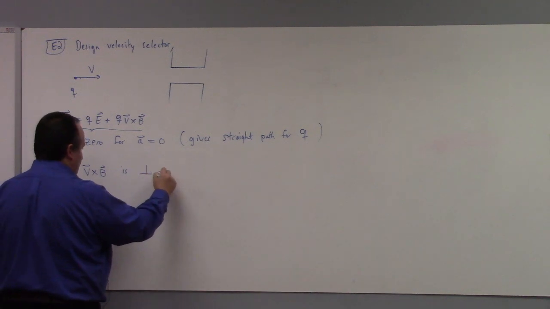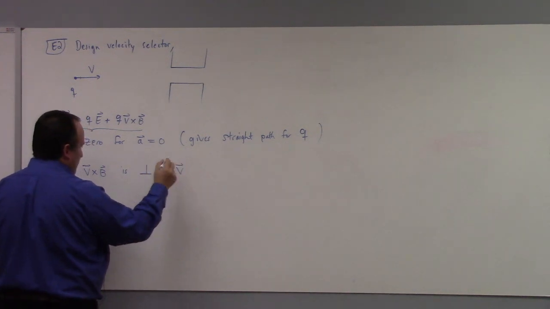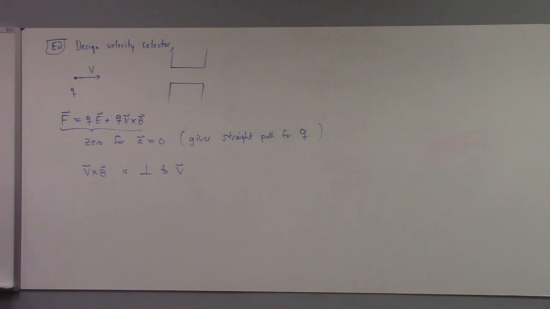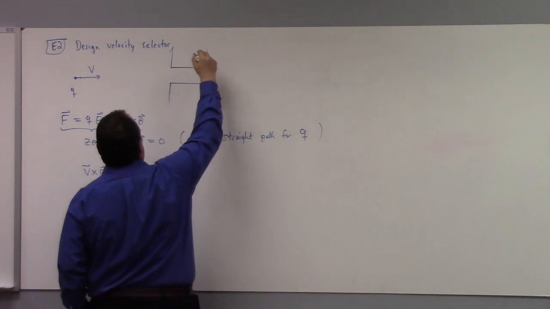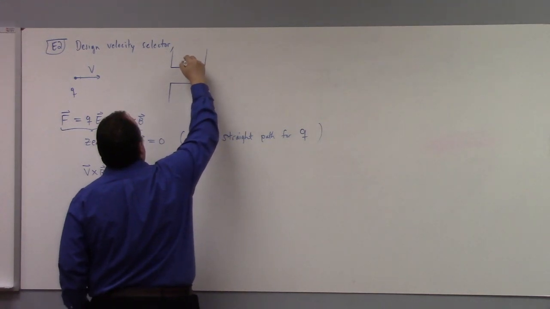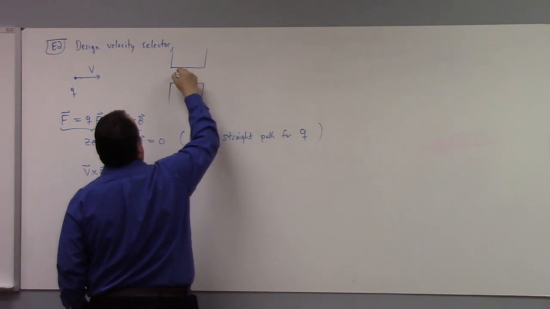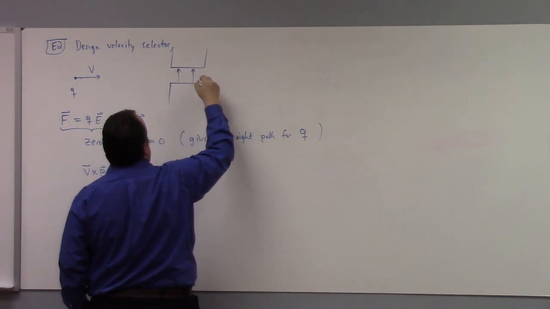It's perpendicular to the velocity, right? So, you know, I suppose you could think about this as like a big magnet, right? And we could set it up so that the magnetic field's going like this, all right?